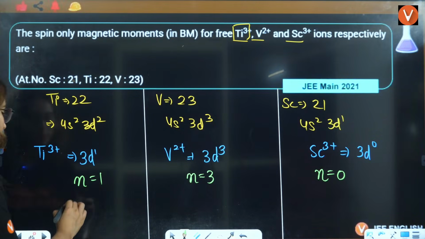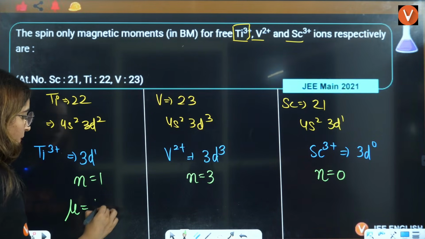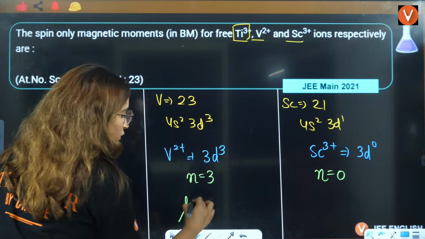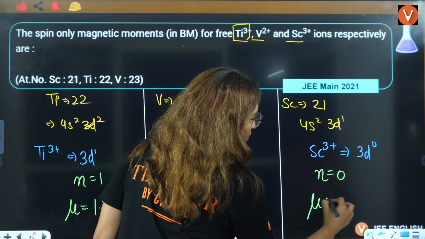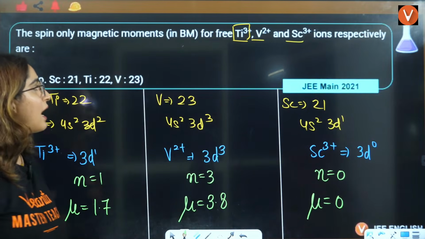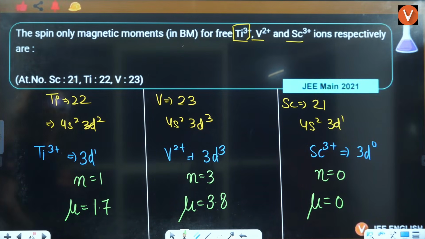And that is the reason mu is becoming 1.7, mu is becoming 3.8, and here it is becoming 0, right? And that becomes your answer here. Tell me, is that clear? Is that clear?